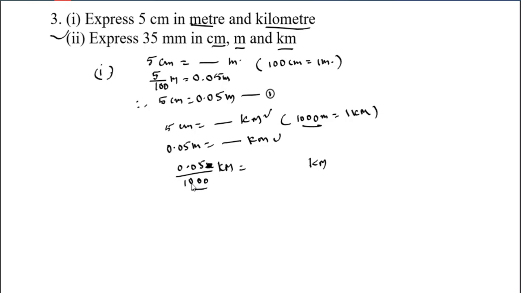So here, after 1, how many zeros are there? 3. So you should shift this decimal point to the left 3 places.